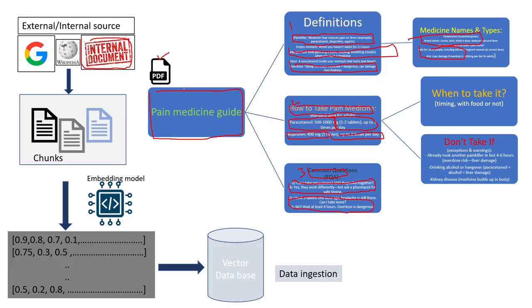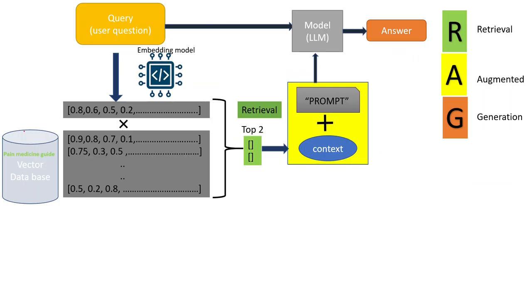So now you have chunked this pain medicine guide, all the pages, and then you have the vector database of the medicine guide. So you will build this RAG and check it with some examples.